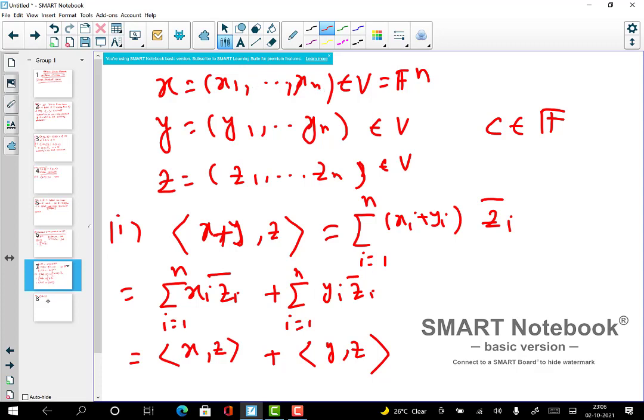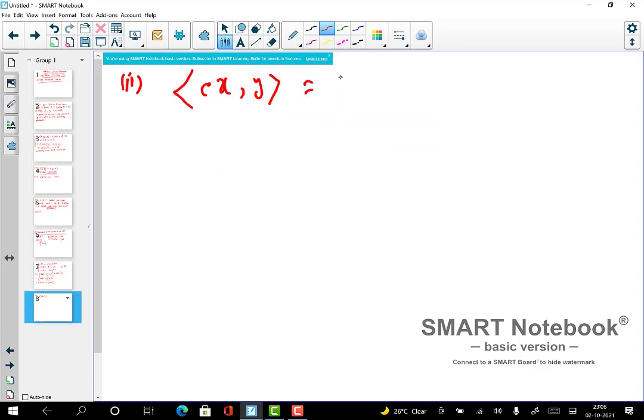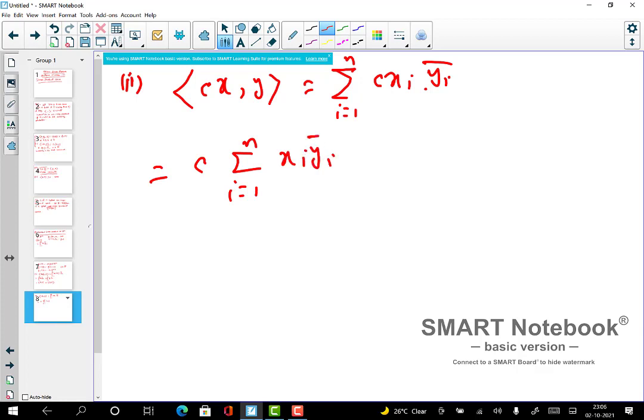Hence this inner product is the sum over i from 1 to n of c xi yi bar. Because c is a constant, it can come out, leaving c times the sum of xi yi bar, which by definition is c times the inner product of x and y. So this also satisfies property number 2.